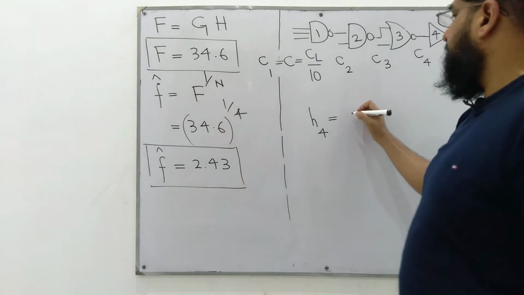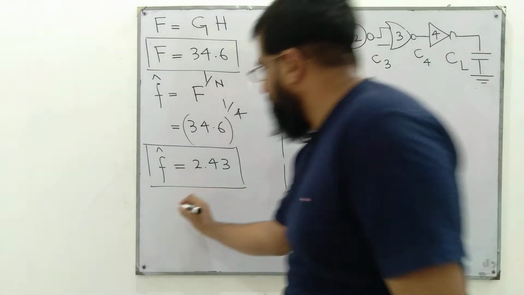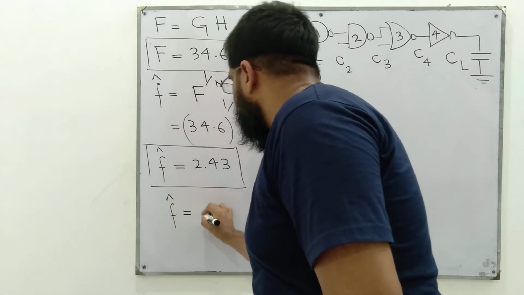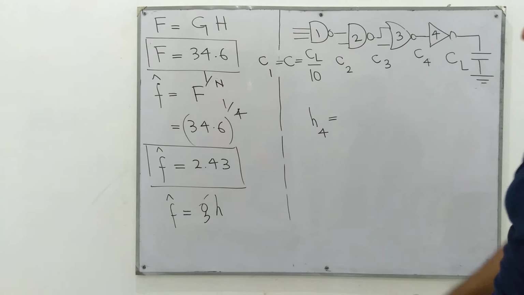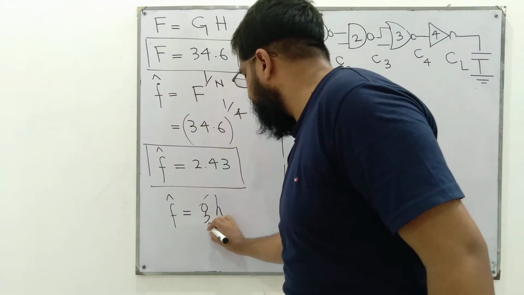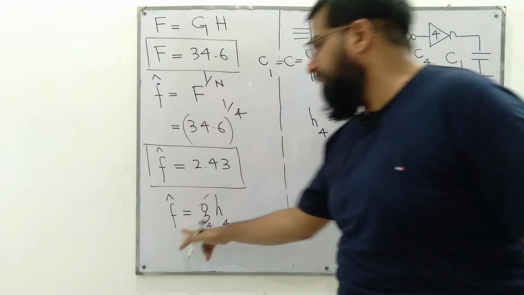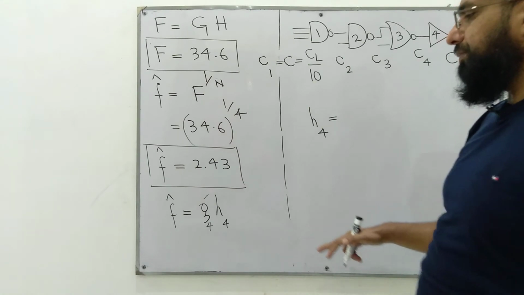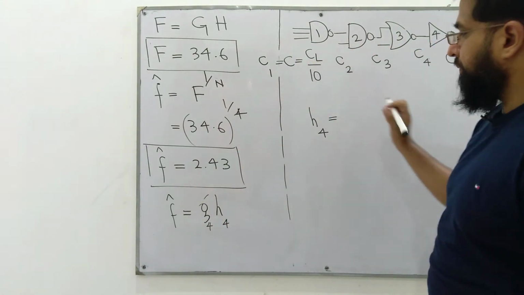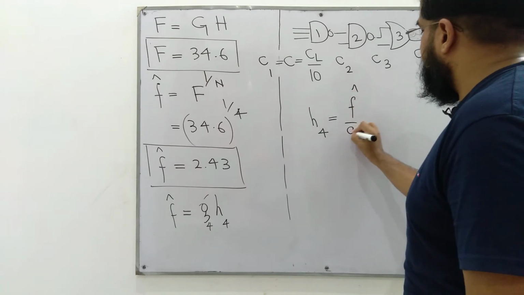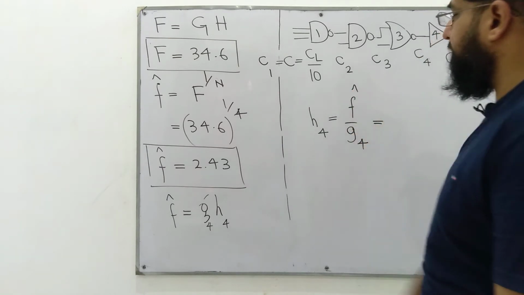For the fourth gate, we know that F is G times H. So if this is the average, this means this can be applied to any gate. Since this is an average, this is true for all these 4 gates. So this would be F over G4.